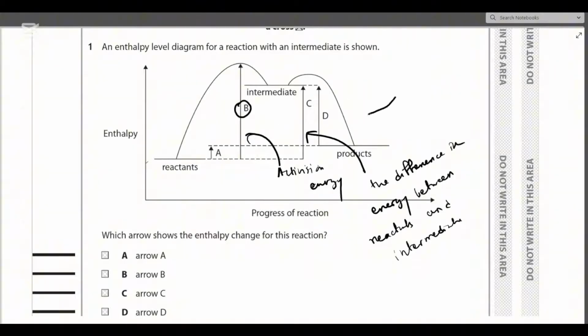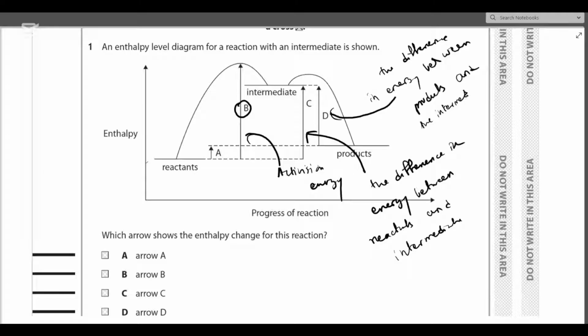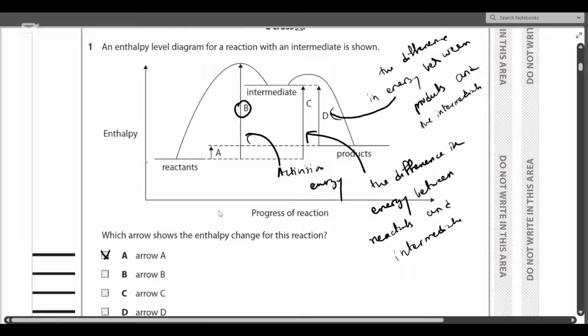We can clearly see that D represents the difference in energy between products and the intermediate. So the only option available is arrow A down here, which actually makes sense. This is the arrow that represents the enthalpy change for this reaction.